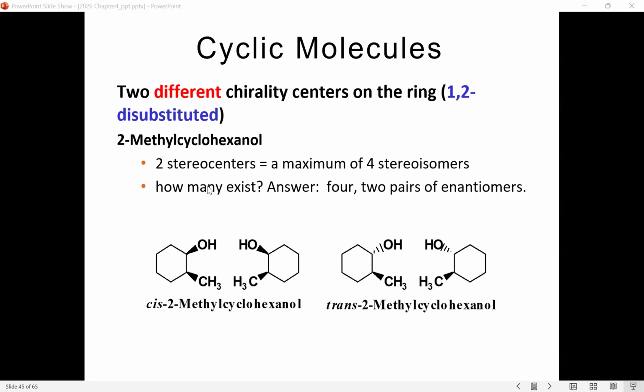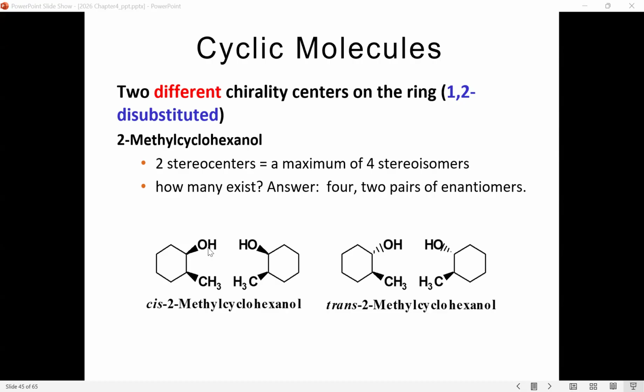For a cyclic molecule, we never use cis/trans to assign stereochemistry. The reason is that it won't cover all the stereoisomers. So here's an example.